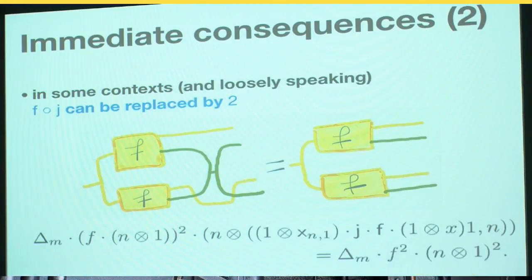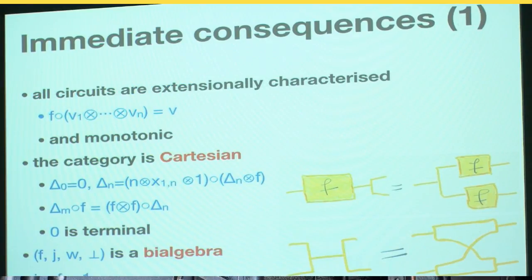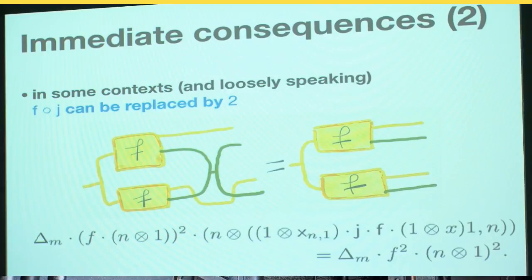Here's another less obvious property. If we do this, splitting a wire and then joining a wire, that's the same as the identity all the time. But here we have a joining of the wire followed by the splitting of the wire.